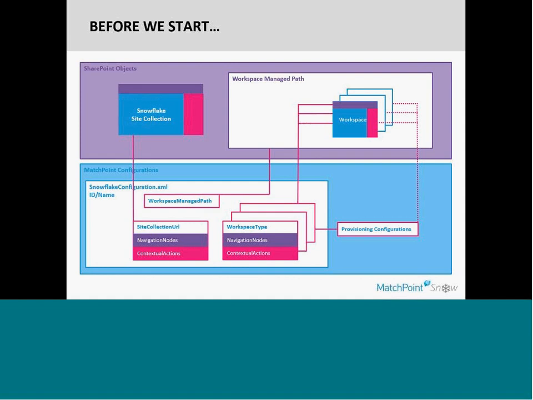Then, of course, we have the specific workspaces, which are based on workspace types defined within your Snowflake configuration. And on MatchPoint level, there is the Snowflake configuration with the configuration elements Toby has already explained. The provisioning configuration you can see on the right-hand side is basically the link to the SharePoint structure, as the provisioning configuration defines the way your workspaces look.